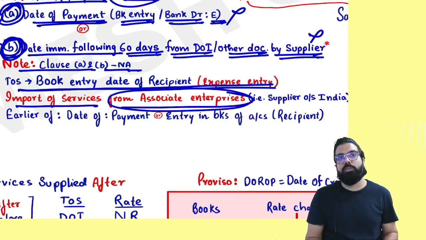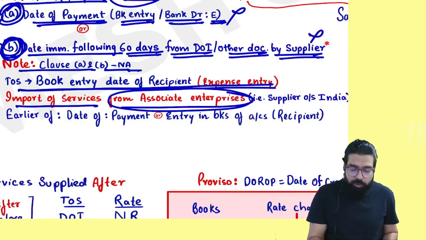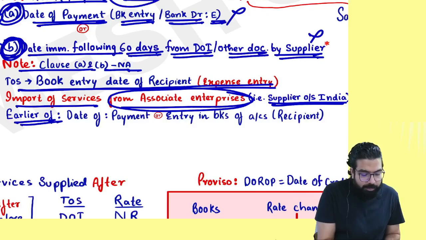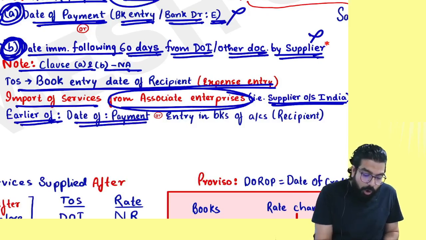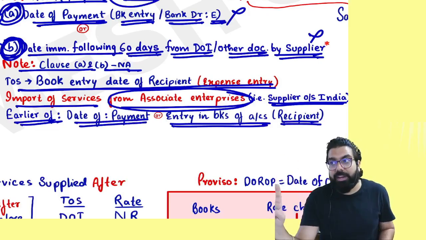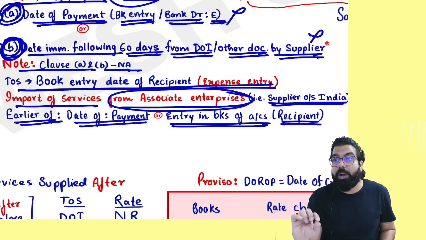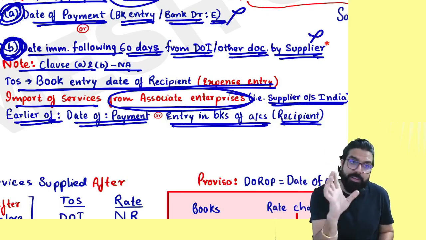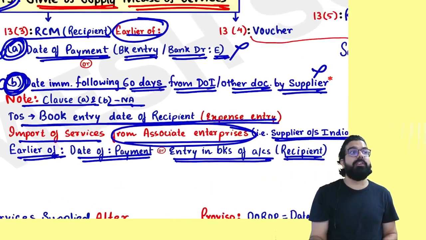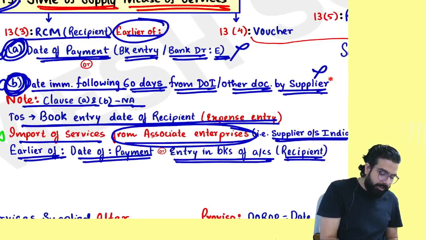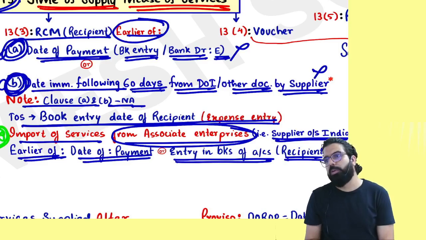An associate enterprise, which is outside India, then remember, it will be the date of payment or entry in the books of account, whichever is earlier. You will not take the 61st day. You will take what, everyone? The day you made your book entry, when you record the payable, whichever is earlier. Only in case of what? Associate enterprises.